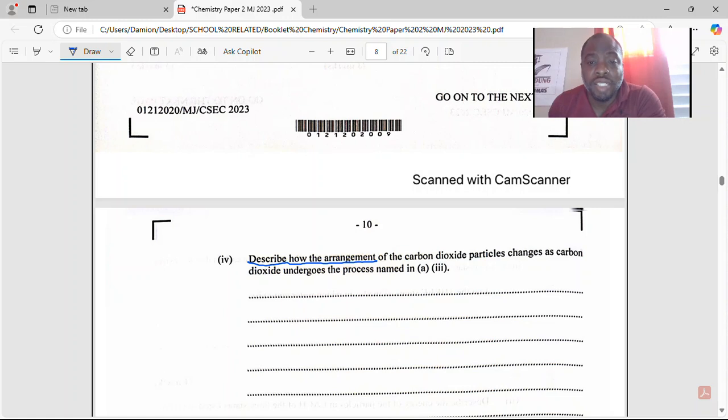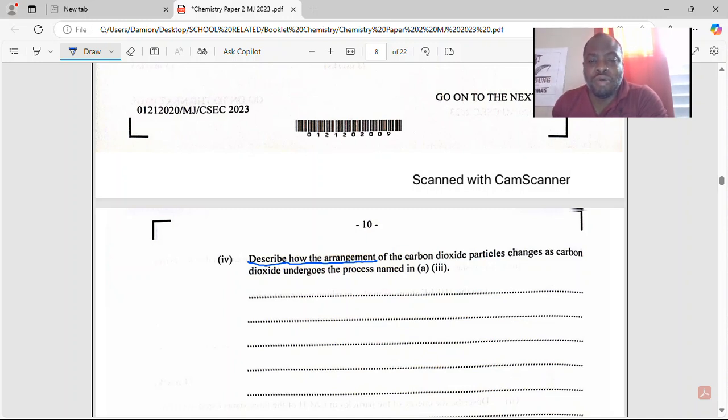The arrangement. So we don't want to come and talk about, oh, the particles would have a high energy, because that would be linking to the kinetic energy that we would have mentioned up earlier.